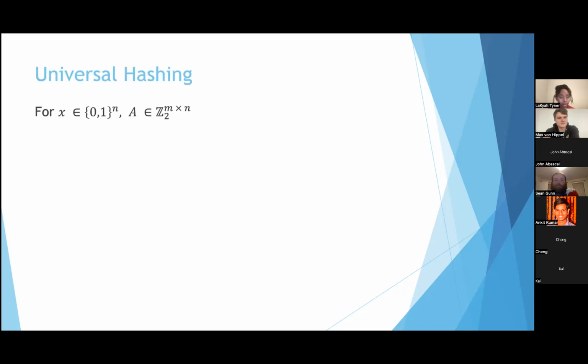A universal hash for some input x and some matrix A is defined as h of x equals A times x.